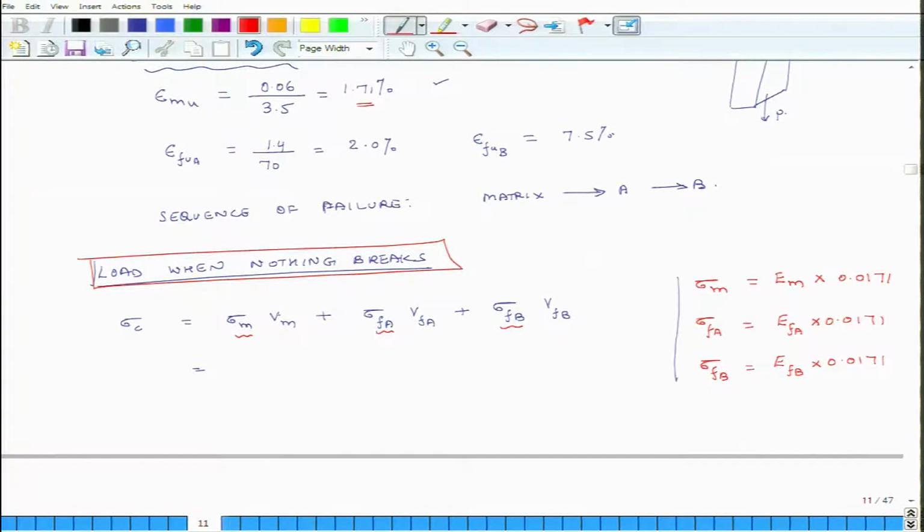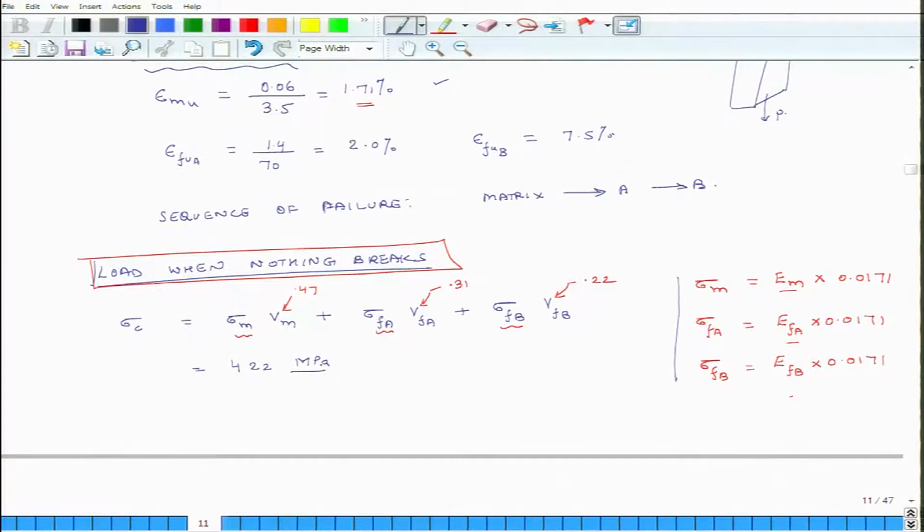And we already know the volume fractions of each of these components. The volume fraction of the matrix we just calculated, it is 0.47, for fiber A it is 0.31 and for fiber B it is 0.22. With all these, and we already know EM, the Young's modulus, we can calculate all this. So what we get is 422 MPa.